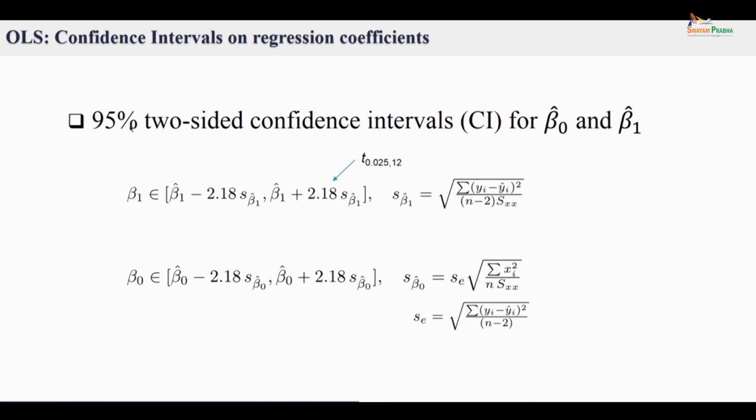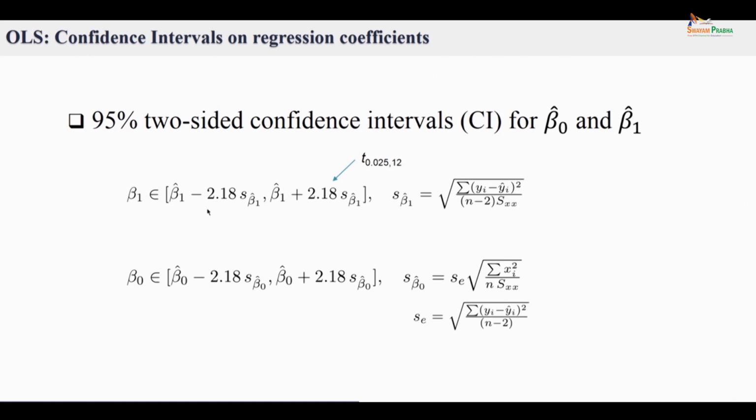So, if we want a 95% confidence interval, also known as CI, and it is two sided because it could be either to the left of this estimated value or to the right of the estimated value. So, we are obtaining the 95% confidence interval for beta 1 from its distribution, knowing it is normally distributed with some unknown variance.